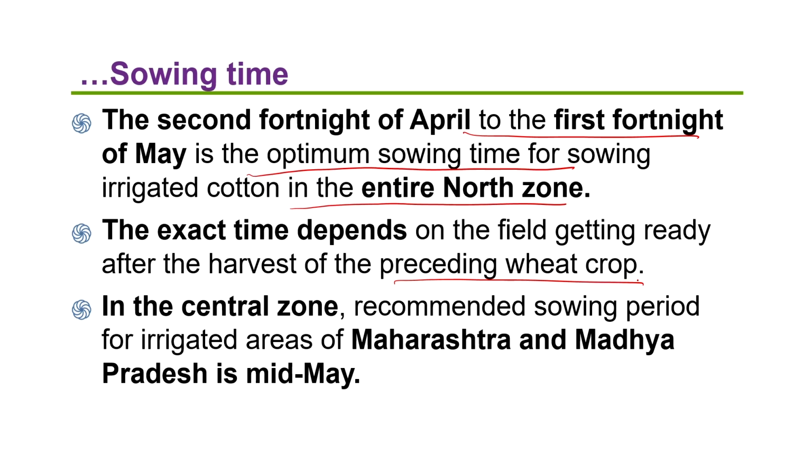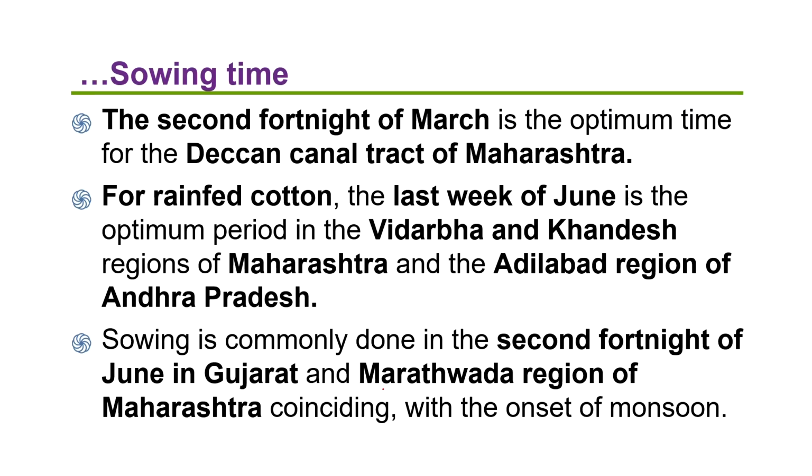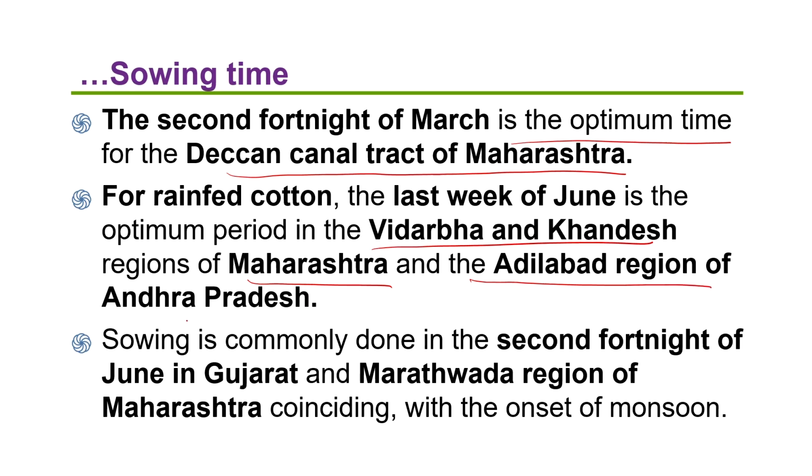In the central zone, recommended sowing period for irrigated areas of Maharashtra and Madhya Pradesh is mid-May, middle of May. The second fortnight of March is the optimum time for Deccan Canal Tract of Maharashtra. Fortnight means 15 days. For rain-fed cotton, the last week of June is the optimum period in Vidarbha and Khandesh region of Maharashtra and the Adilabad region of Andhra Pradesh.